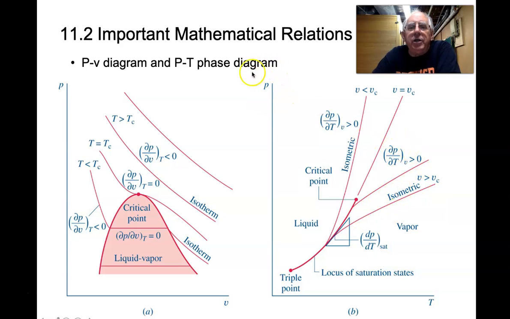The change in P with respect to T at constant volume would be a positive number. These are all positive slopes. And so for most substances, we see that that particular partial is greater than 0.